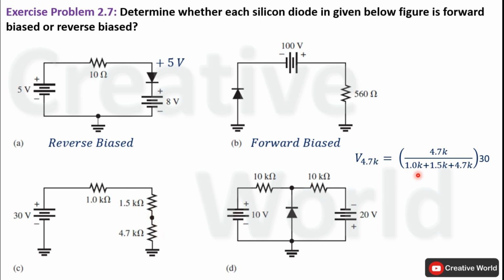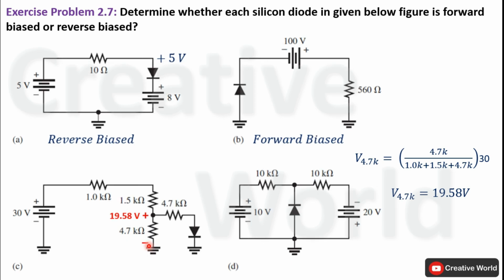Now solve this equation to find the voltage across this 4.7 kilo ohm resistance, which will become 19.58 volt, and the polarity of this voltage will be positive terminal here and negative terminal here. Now we have the voltage across this resistance with this polarity. The same voltage will appear across this resistance and diode network with the same polarity.